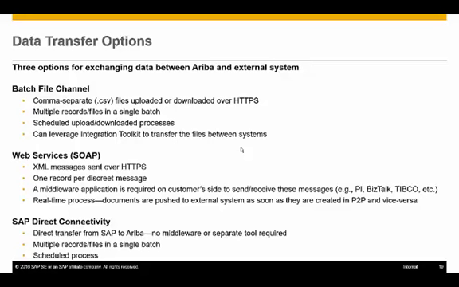We also call it a CSV file channel, because the files that we use to integrate your ERP and P2P are going to be in CSV file format. CSV stands for comma separated values, so all the flat files are going to contain data which are delimited by commas. You can load multiple records or multiple files in a single batch.